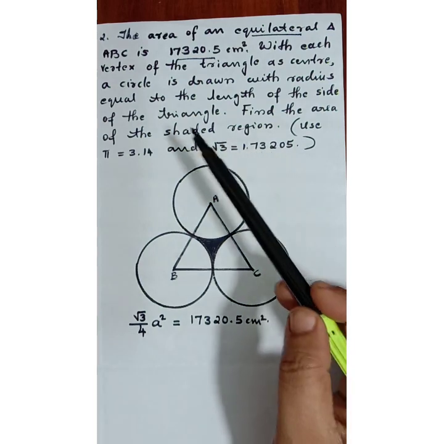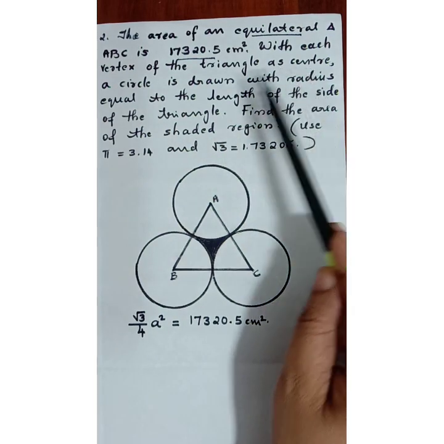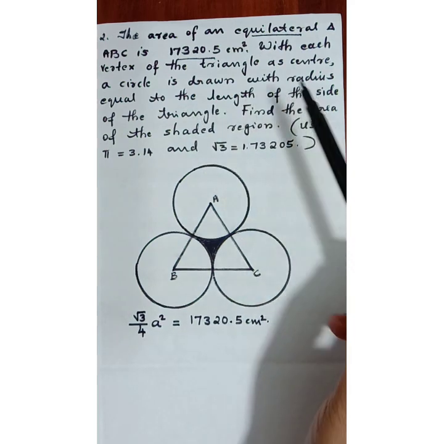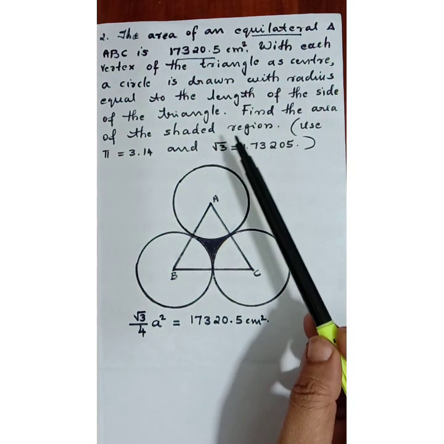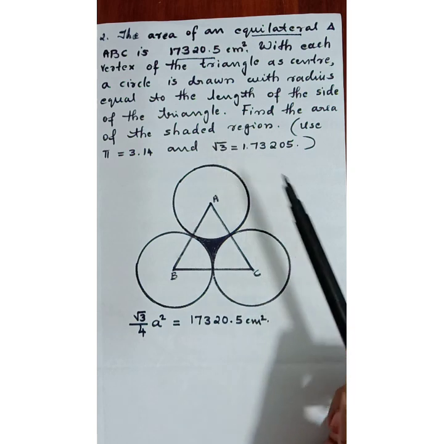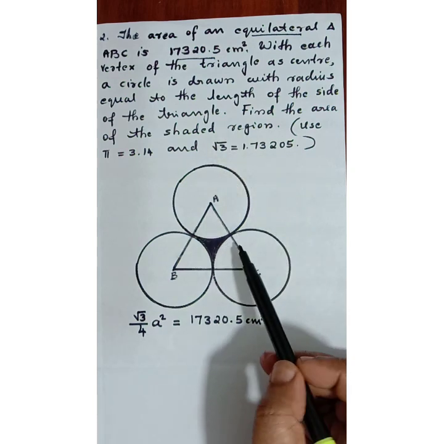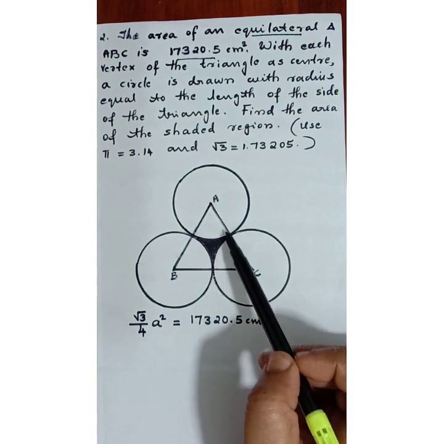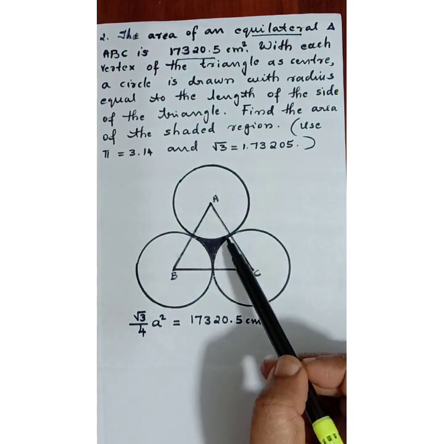Now with each vertex of the triangle as center, a circle is drawn with a radius equal to the length of the side of the triangle. So the radius is the length of the side of the triangle. Here 2 radii come, from here to here as well as from here to here.